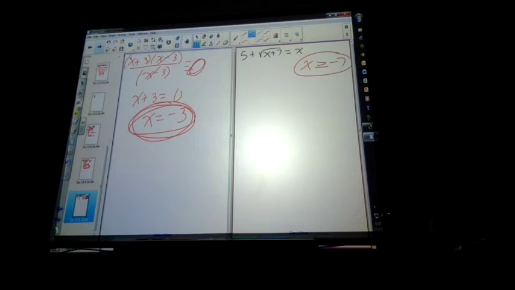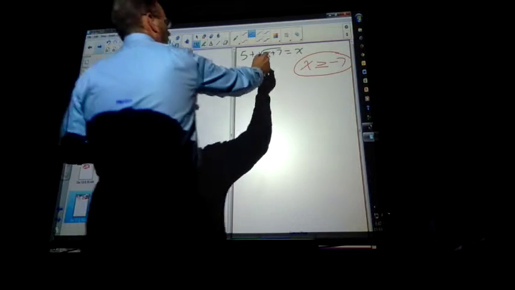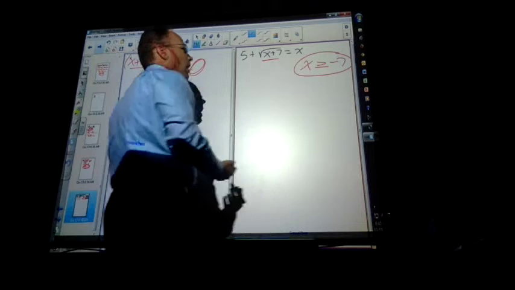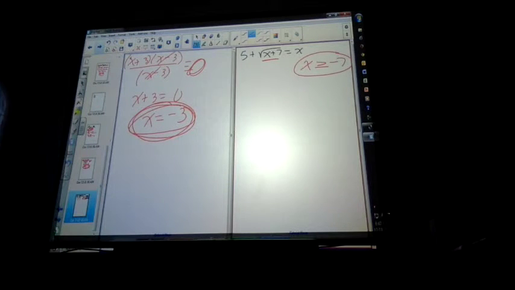If the answer works out that x equals negative 10, it's not going to work. Because of this radical, our answer has to be greater than or equal to negative 7. If I plug in negative 7, I get negative 7 plus 7, which is 0. Square root of 0 is 0.